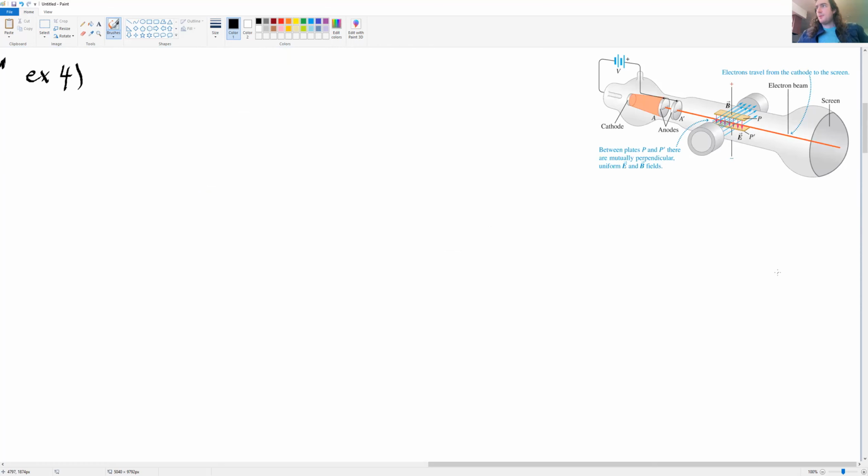Here in this example, you can see over here on the left side of this diagram what we just went over: a potential difference on two plates, to have an electric field to accelerate charges. Now this little tube right here maybe contains some gas that you're going to ionize.